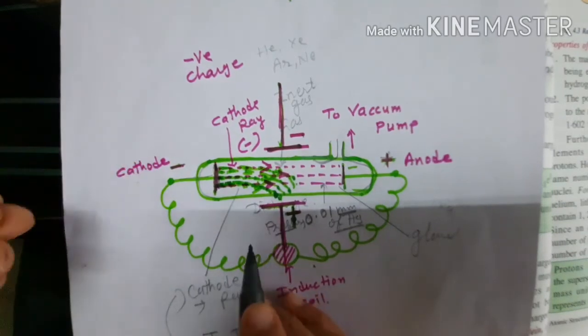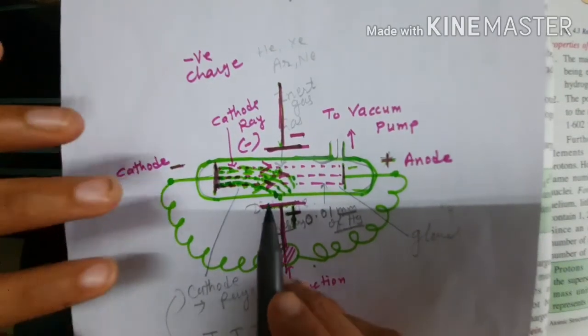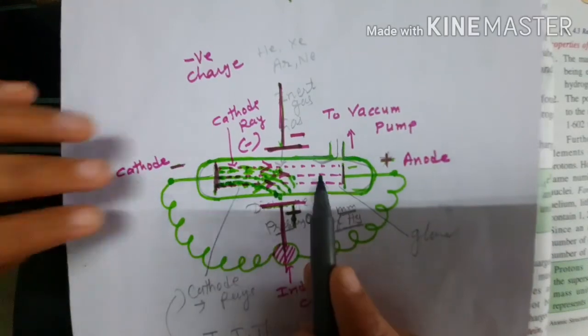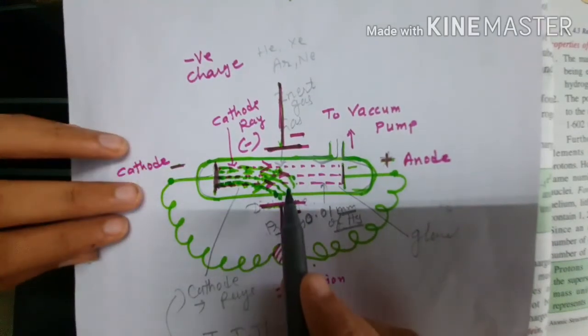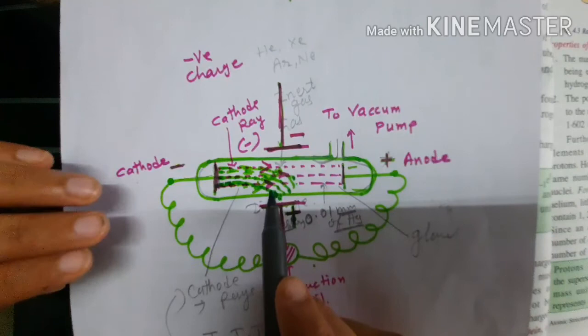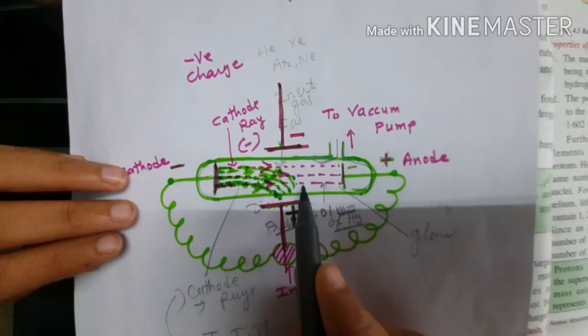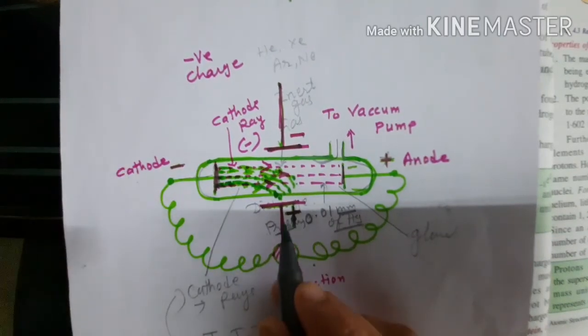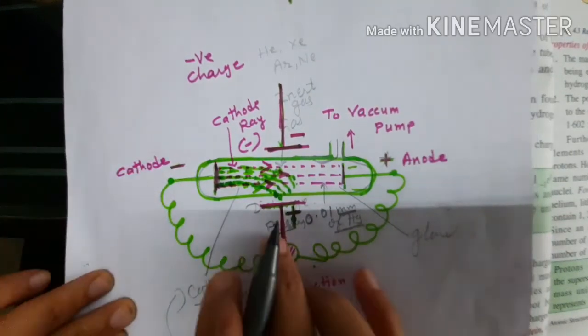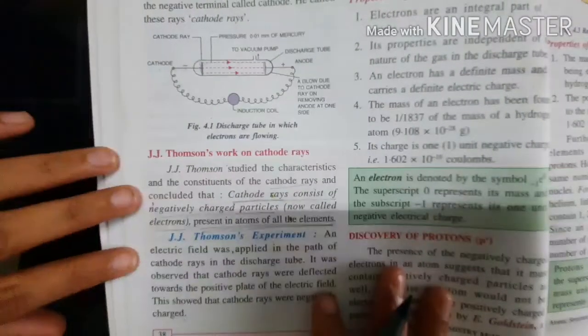So he concluded that the cathode rays consist of negatively charged particles, which have a particular mass too, and he called it electron. That is the way he found the electron.